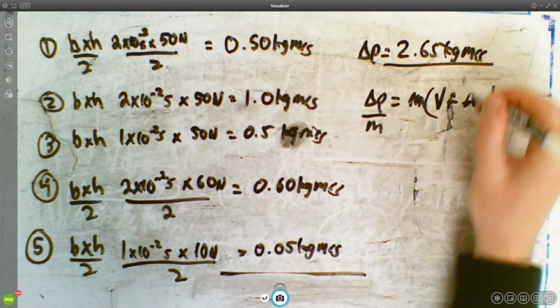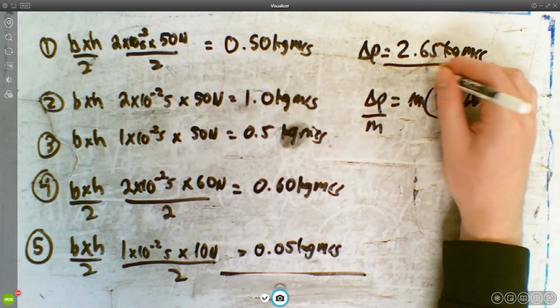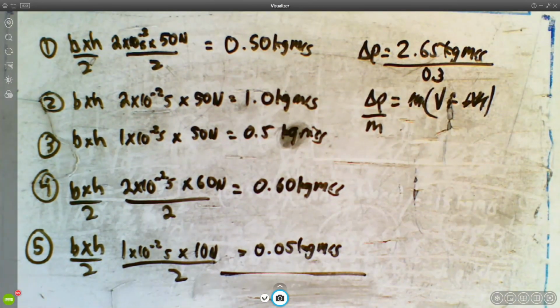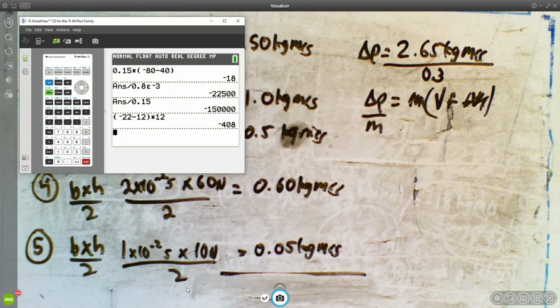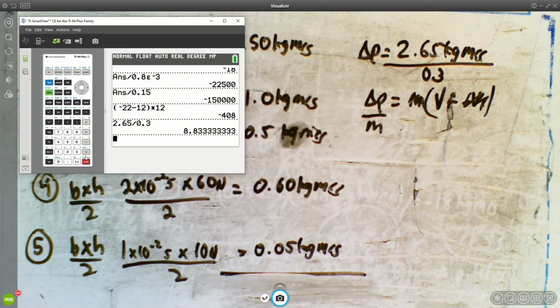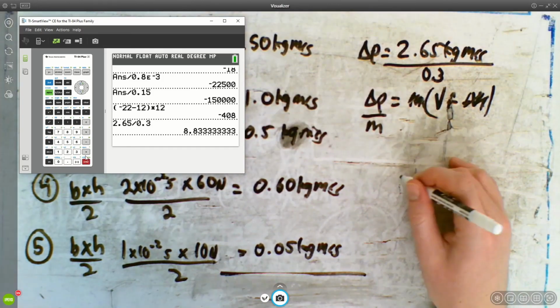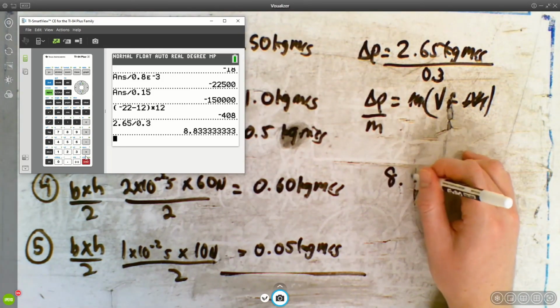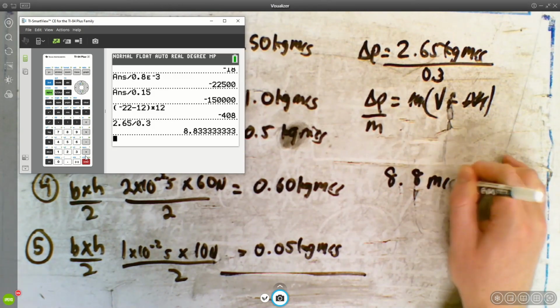So if we take this and divide it by 0.3, that would be the easiest way of doing this question. So 2.65 divided by 0.3, and you end up getting 8.8 meters per second.